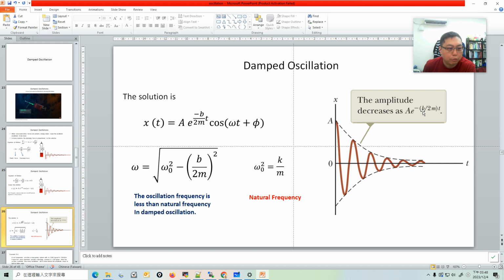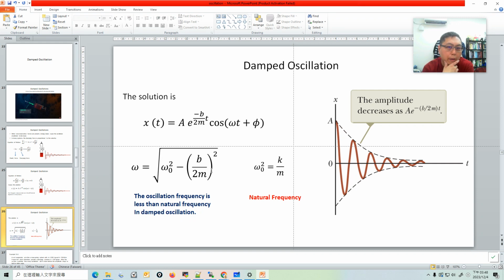So the damping parameter controls how fast you damp the oscillation, and also it controls the angular frequency in your damped oscillation.